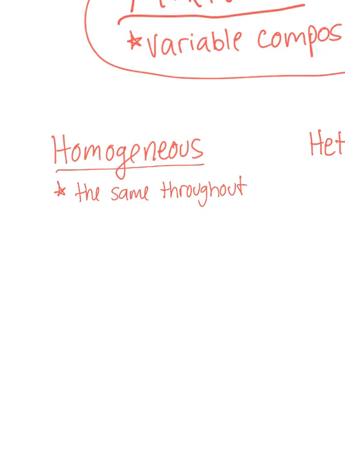I can't take a sample from one side or the other side, or take a big sample versus a small sample and have them be different. It is 100% the same throughout, or as close to 100% as we can be. So when we're talking about a homogeneous mixture, we're typically talking about in chemistry what we call solutions.